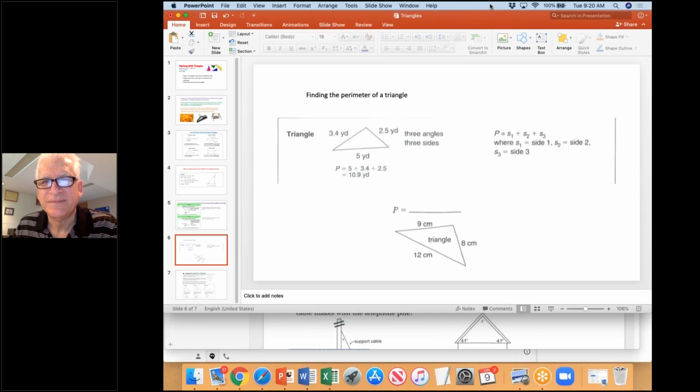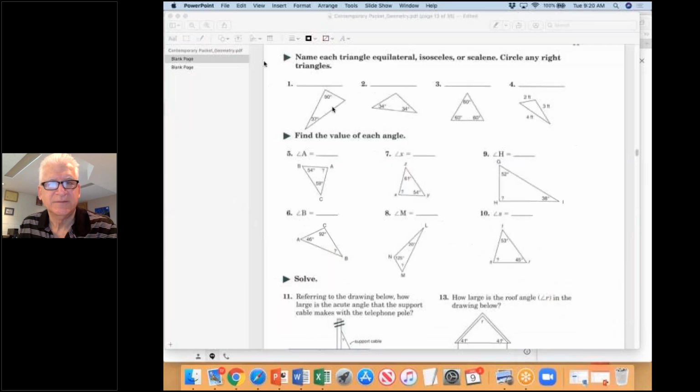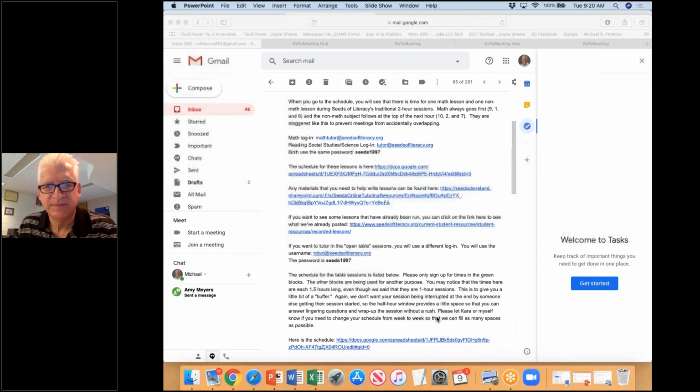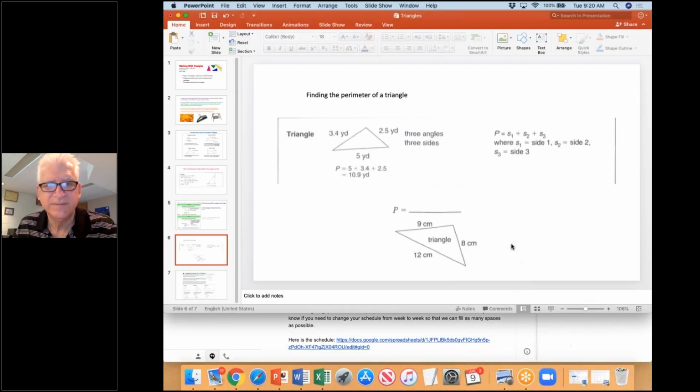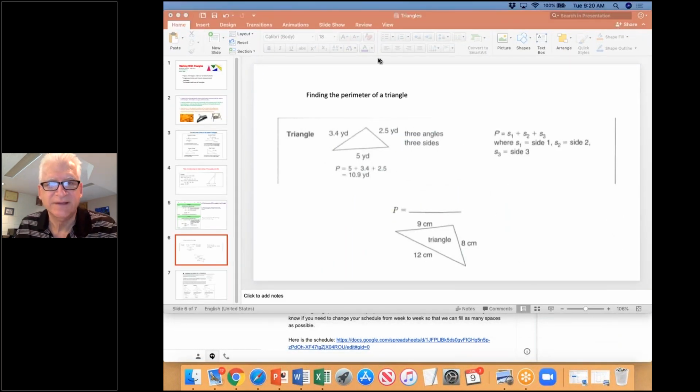I've got to go back to the pointer. Okay, there we go. Back to my PowerPoint. Sorry about the confusion here. Let's erase all drawings and attempt to get back to my PowerPoint, which is here. Ah, good, finally. Okay, see, I can do it.